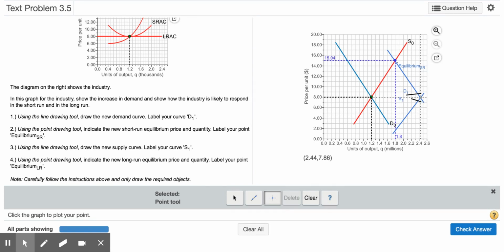So it will be at 2.4 and 8. Let me see if I can get it exactly at 8. 2.4.